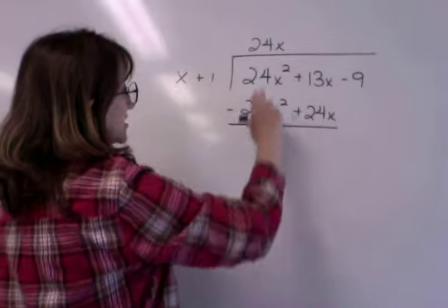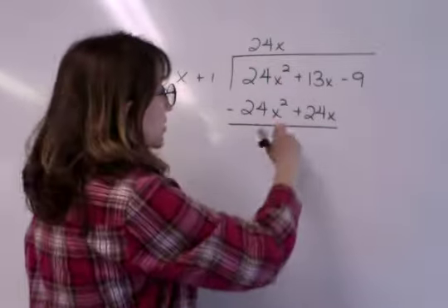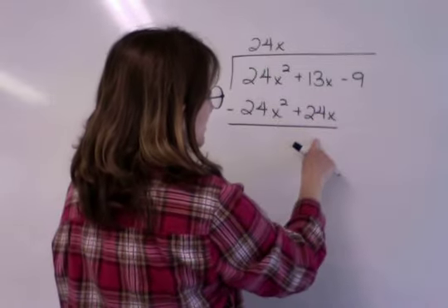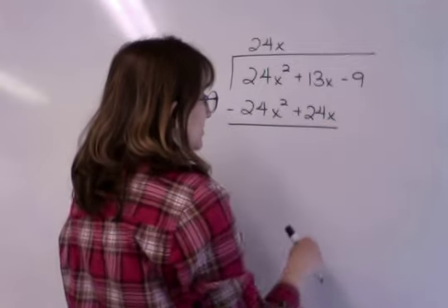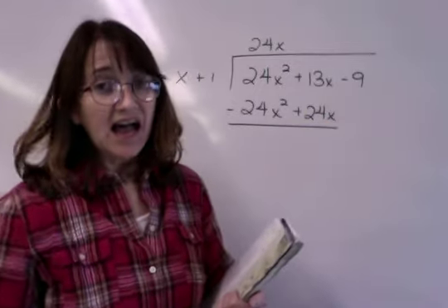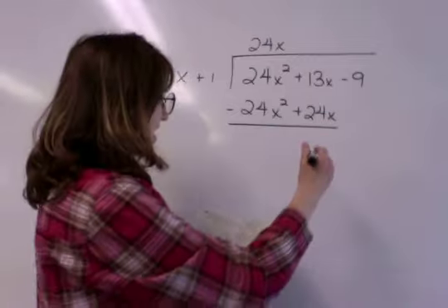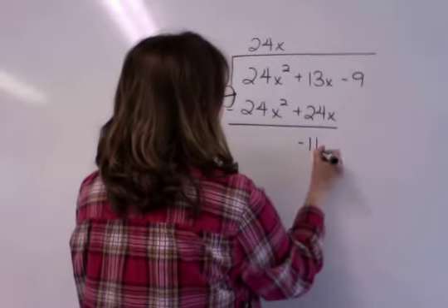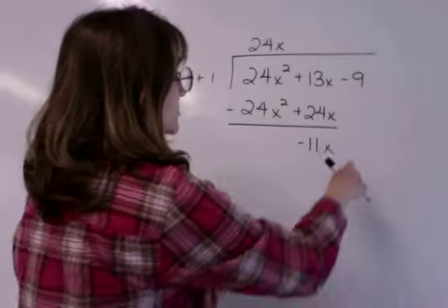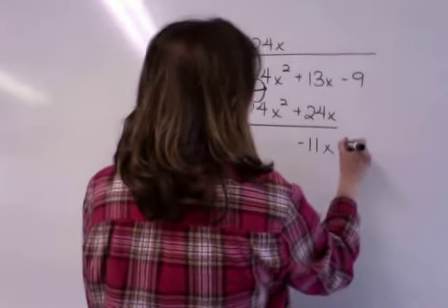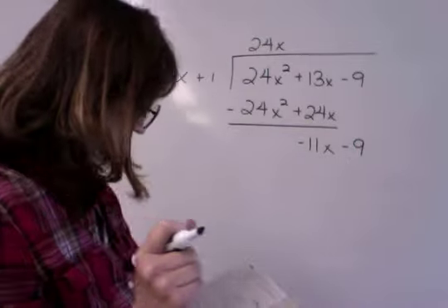These two subtract, you can even put a 0 here. This is gone. Now I have to work with that. If I've got 13 and I subtract 24, that's like 13 adding the opposite, which would be a negative 24. That would leave me a negative 11x. Just like a regular division problem, I would go ahead and drop down my next term, a negative 9.